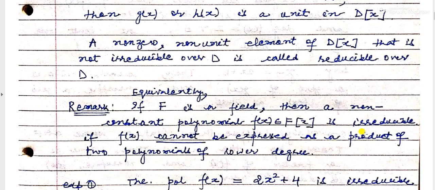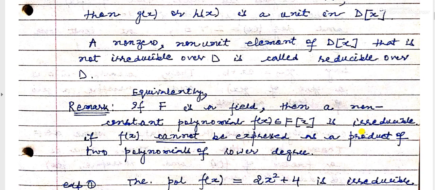If F is a field, then a non-constant polynomial... Non-zero non-unit means non-constant, both are equivalent because the only unit elements of F[x] are the constant units in F, that are constants.